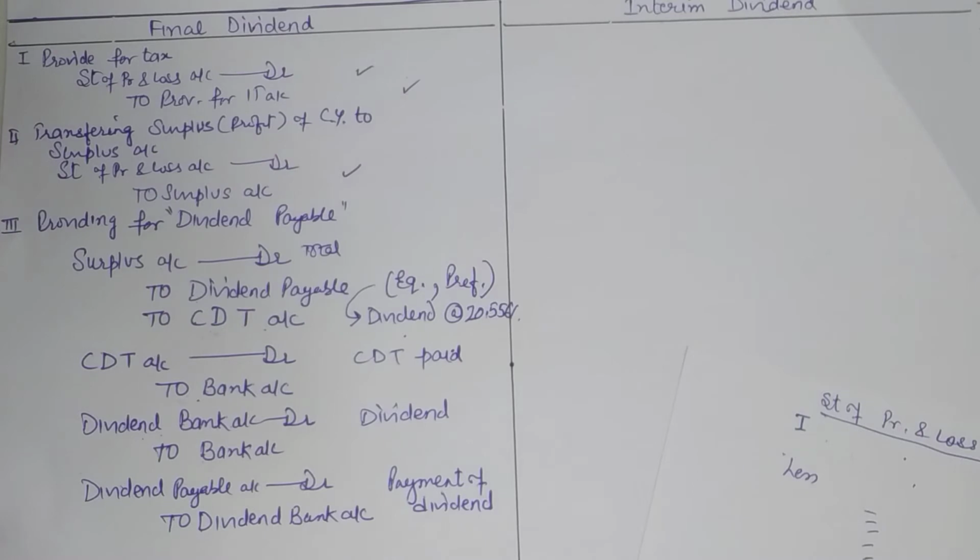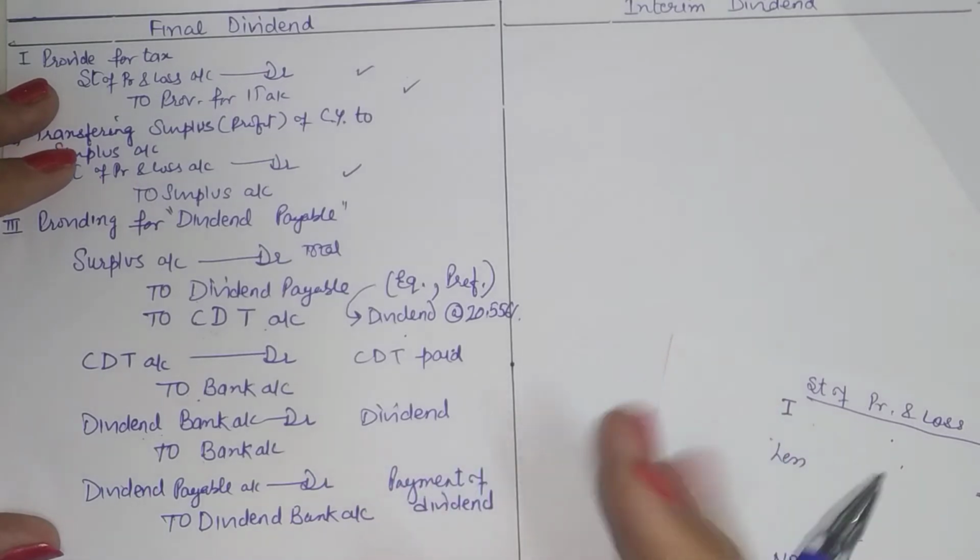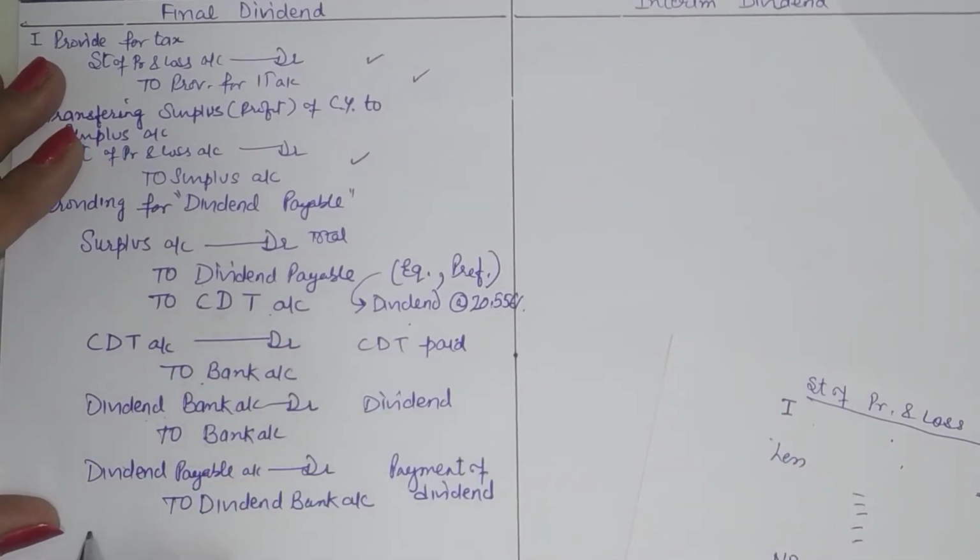But sometimes if some dividend cannot be paid either because the shareholder is not traceable or the shareholders haven't come up to collect their dividend, then it's a requirement of the company's law that if any amount of dividend is left as unpaid, then within 5 days that amount must be transferred to unpaid or unclaimed dividend account.